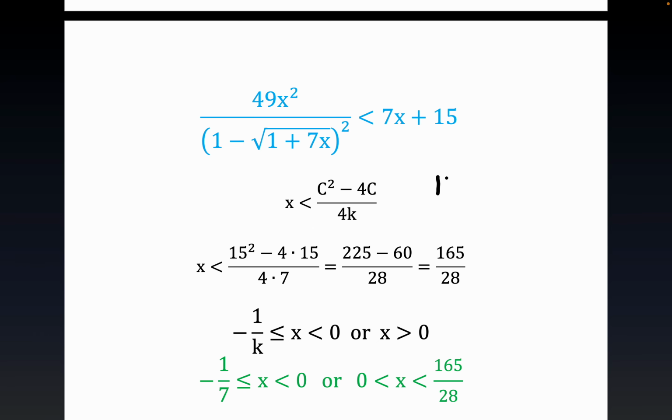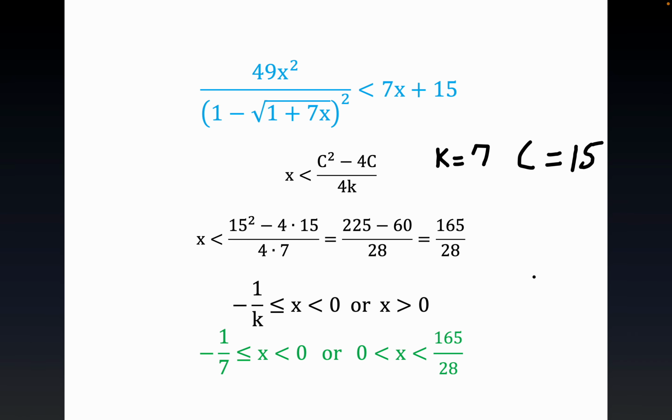And capital C is, of course, equal to 15. And so there we go, folks. This is the rest of the processing here. This is all just arithmetic stuff. I won't bore you with it. But this would be the solution interval for this made-up problem that very much resembles the 1960 IMO problem.